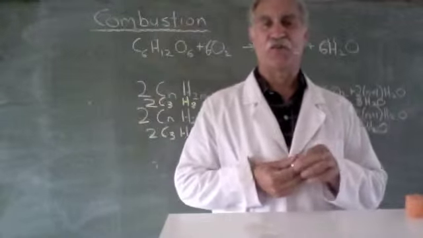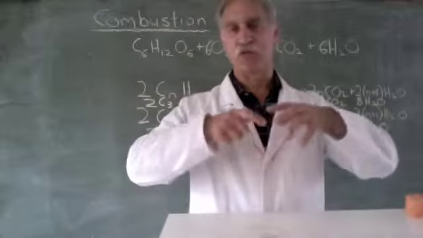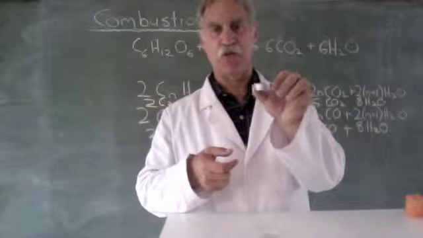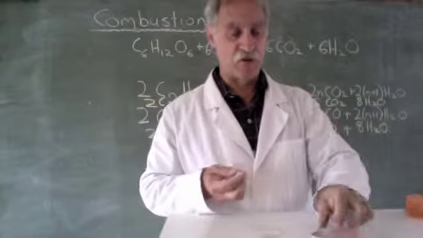Now, because we're talking about the combustion, for example, what would happen if we were going to burn a piece of coal? Or let us take what would happen if we were going to burn paraffin wax.